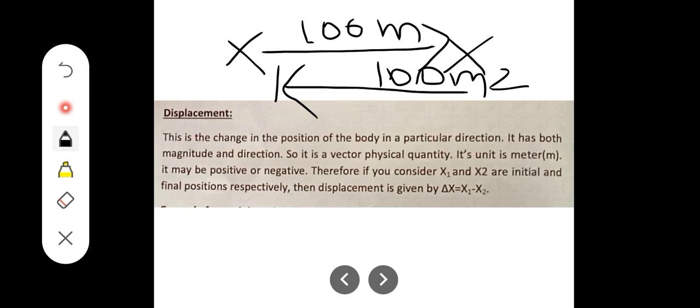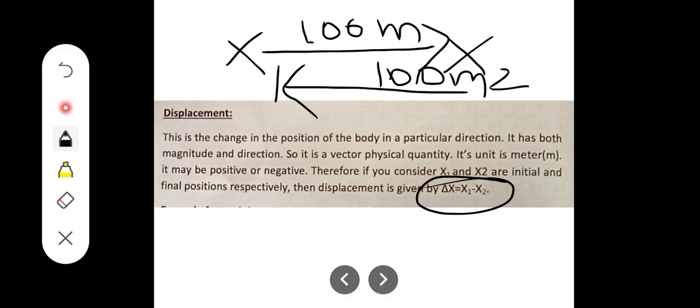But actually there is no displacement, because initially it was at x1, it goes to x2 and comes back to x1, so the initial and final positions are the same. That is why displacement will be 0. Using the equation delta x equals x1 minus x2, it will be 100 minus 100, which is 0, because it has direction.